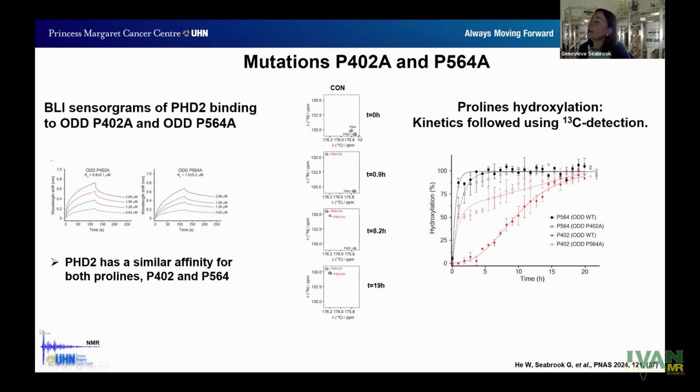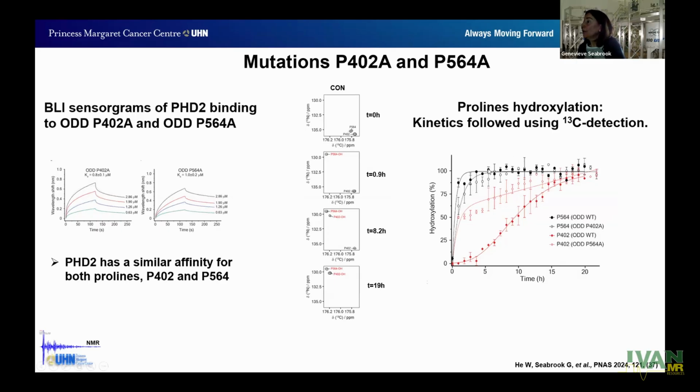You've got your two prolines, proline 402 and proline 464, at time 0. Less than an hour later, you can see the first proline is already shifted. Then it takes another 7 hours to start seeing the second proline getting hydroxylated. And it takes about 19 hours to get both prolines fully hydroxylated. So there's clearly a difference between the two sites.